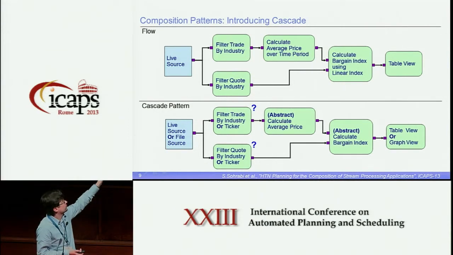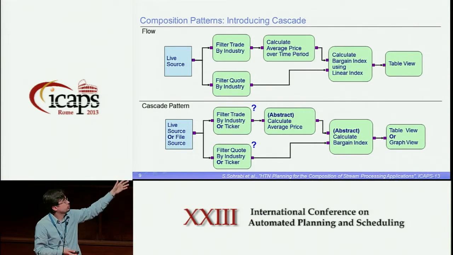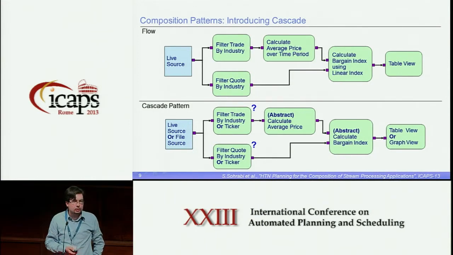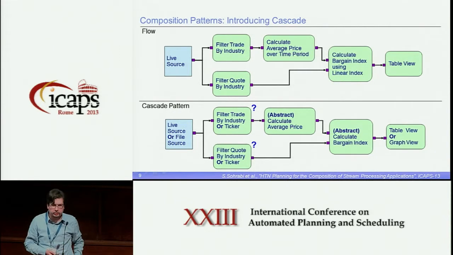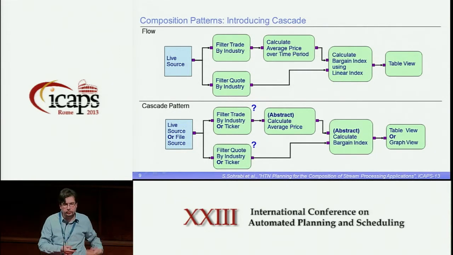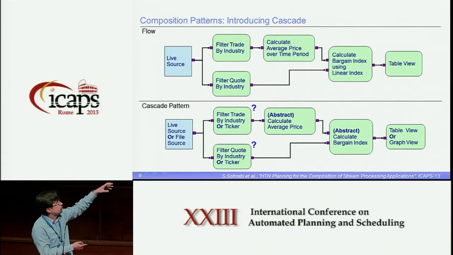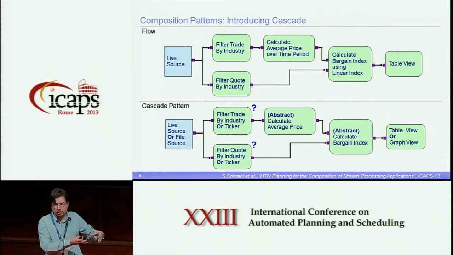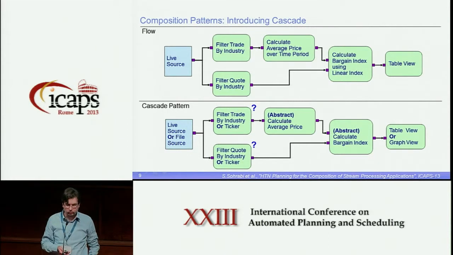The ORs indicate that there's a choice between two implementations, and it's also possible to use abstract nodes that can be replaced by separate implementations defined elsewhere. And each of the choice points can be replaced by another subgraph with another set of choices, so this is a hierarchical structure.